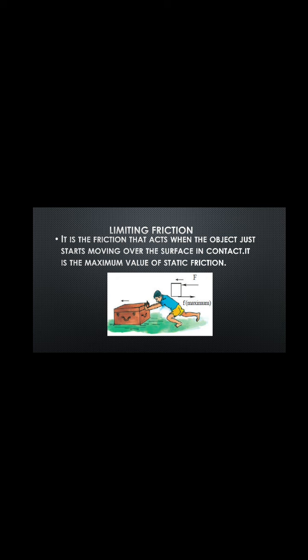As the static friction goes on increasing, one time comes that when force increases with that friction, the object starts moving. That friction just after which the object starts moving is called limiting friction.